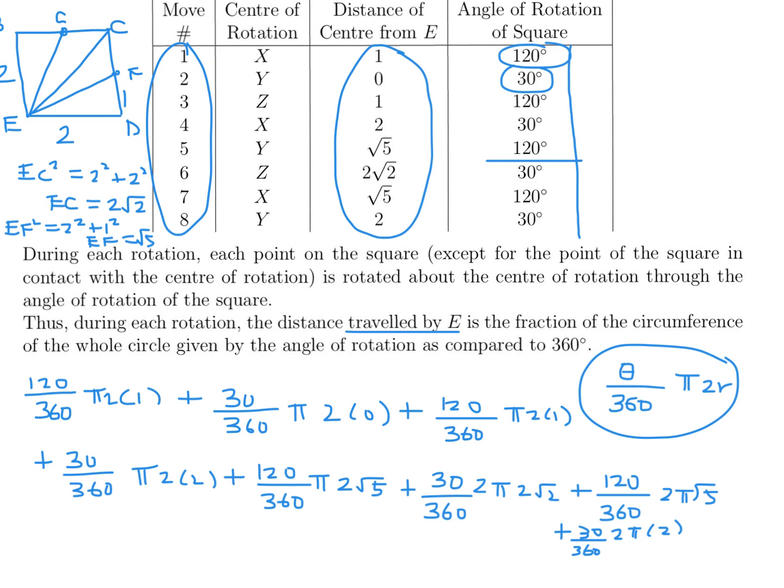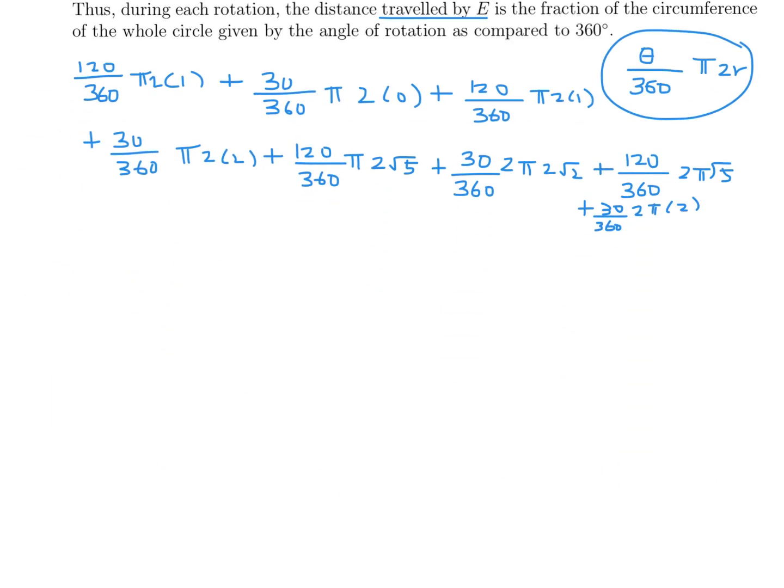So the next 8 are the exact same, and then the next 8 are the exact same in terms of these values. So whatever this is, we would have to just multiply by 3, because this was for the first 8 moves, but we have to do 24 moves, and the next 8 and the next 8 after that are the same.